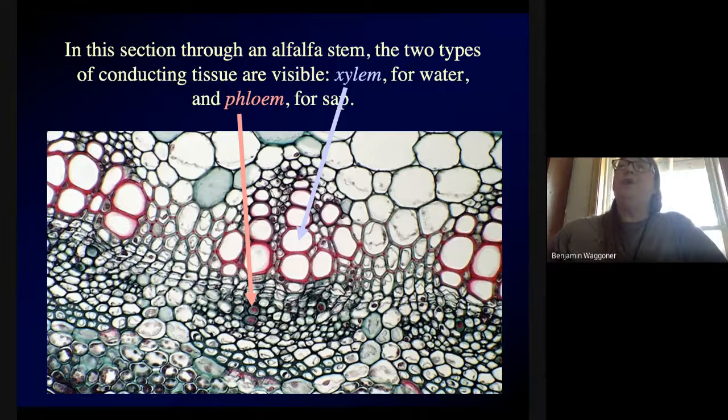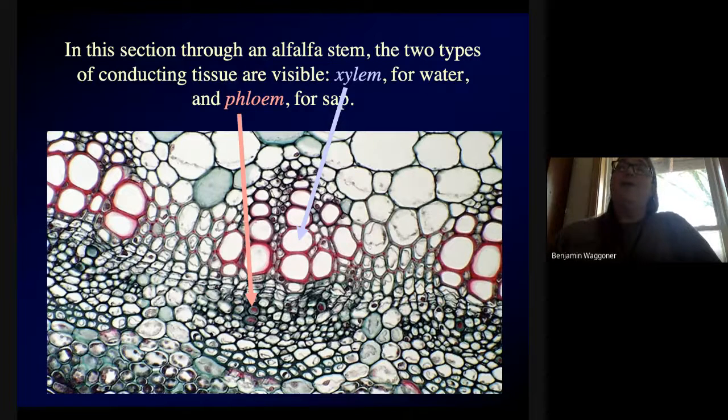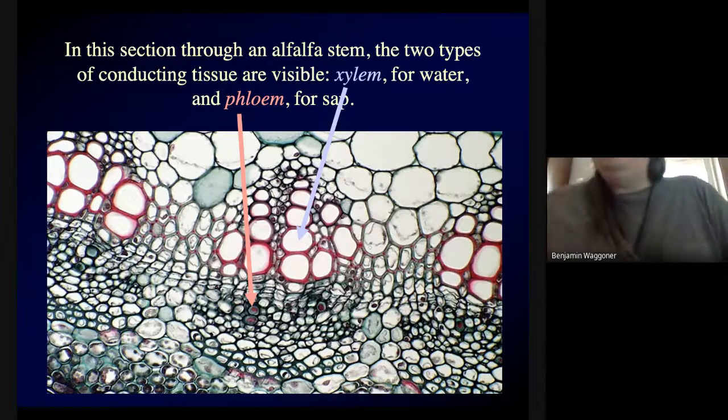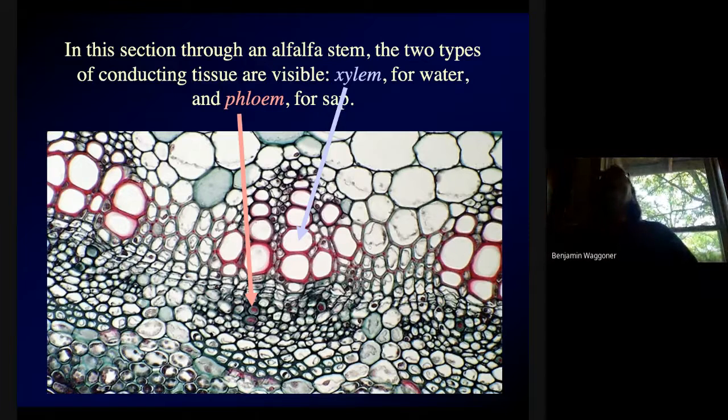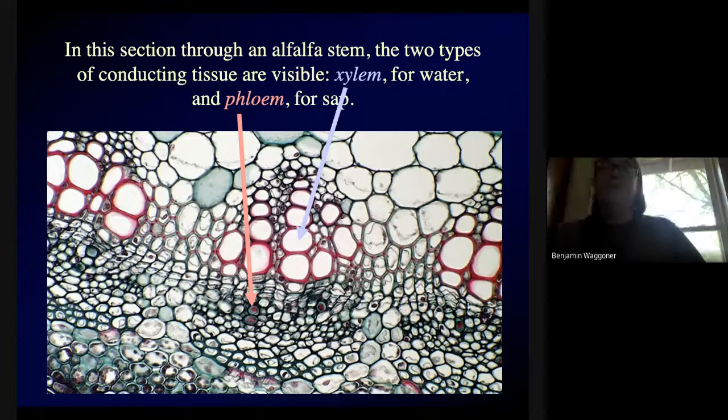So xylem transports water from the roots up to the rest of the tree. Phloem transports sap, sugar water basically, from the leaves down to the rest of the plant. So every living cell in a plant can get the water it needs and can get the nutrients that it needs, the sugars that it needs for energy.